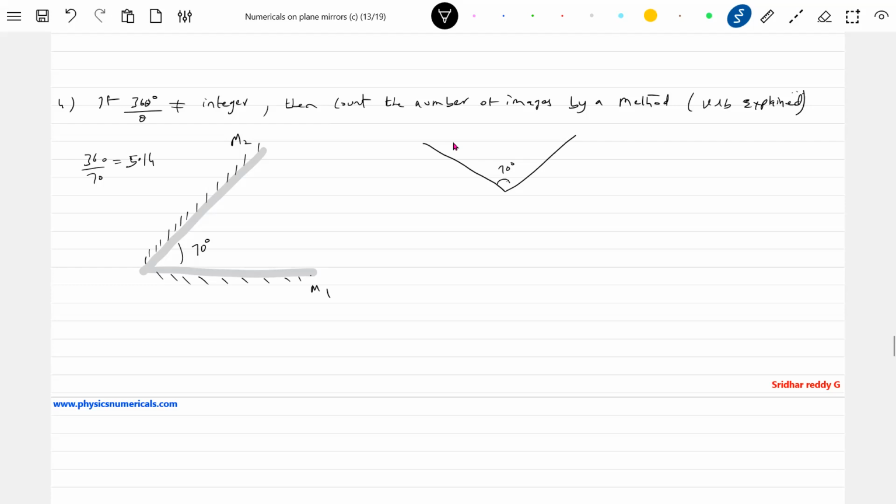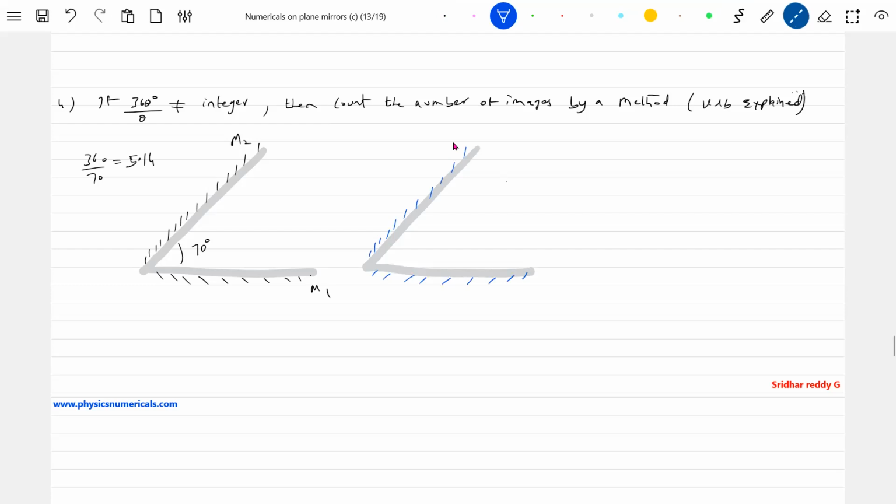Then where the object is kept matters also, so I need one more diagram. Let me not keep it symmetrically. This will be 40 and 30 degrees. It is not on the angle bisector. Then we'll trace out the images.